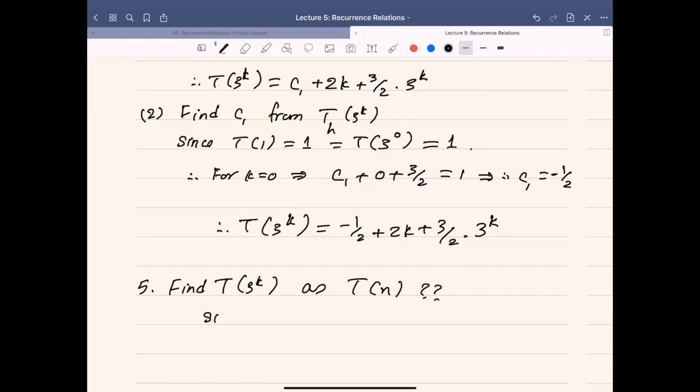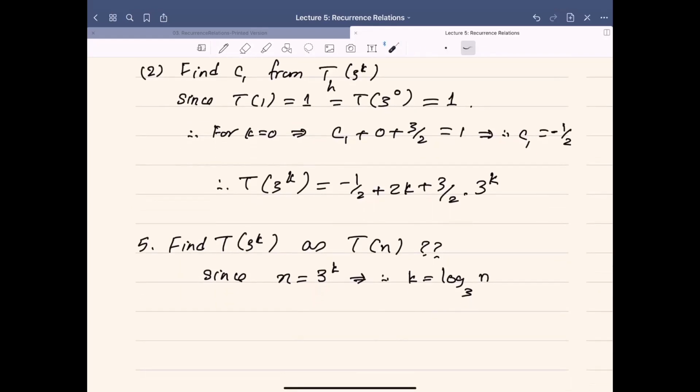Since in the beginning we assumed that n was 3 raised to power k, k will be equal to log base 3 of n. We will take log of base 3 on both sides, because here we have 3. You can take log of other base, but you will have some extra constants. Substitute, so you will have T(n) is equal to minus half plus 2 times log base 3 of n plus 3 over 2 times n.